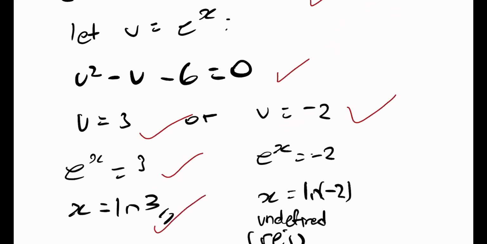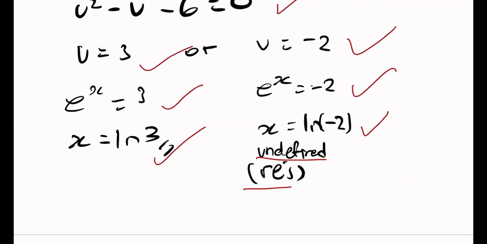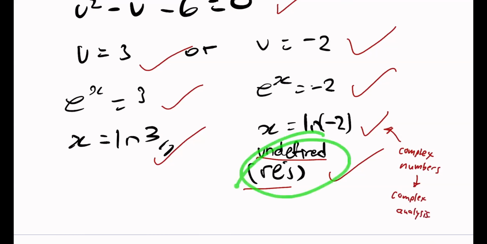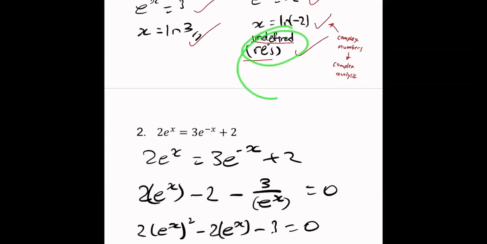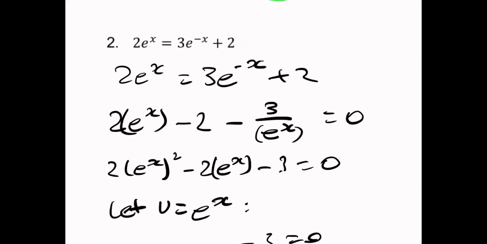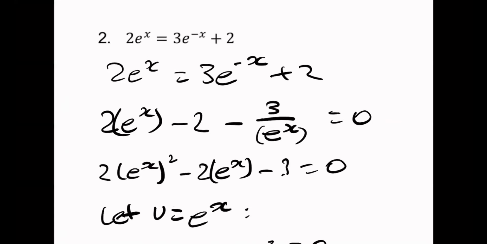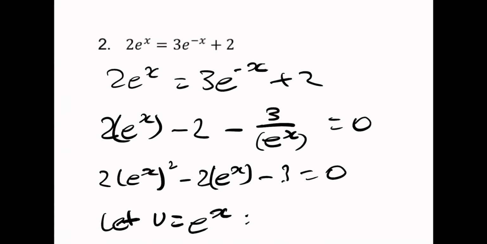Okay, same thing here, sub back in the u with e power x, take ln of -2, this will be undefined. Maybe in the future you will learn something called complex numbers. Then this will make sense. For now, no lah. It's just undefined. Okay.